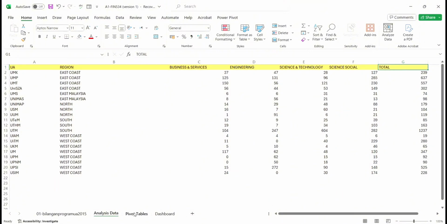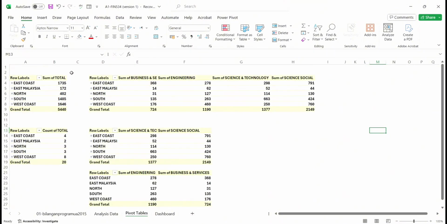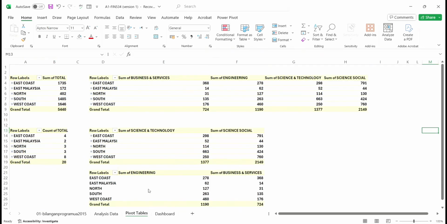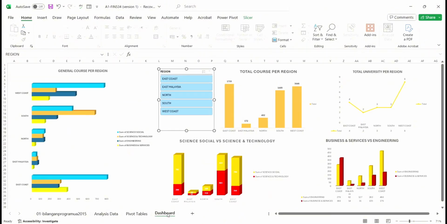Then I summarize it into pivot tables, which consist of total course per region, total university per region, total general course per region, comparison between science technology and science social, and comparison of engineering and business and services. Then I visualize all this information on a dashboard using slicers. Now I will demonstrate how we use multiple slicers on the dashboard to compare different regions.